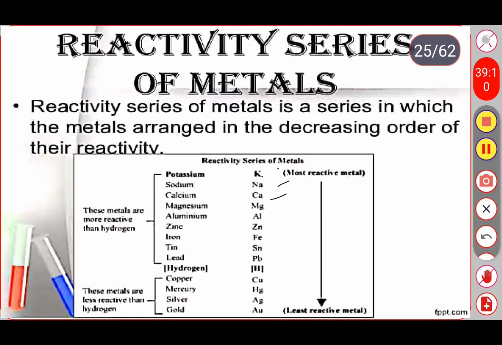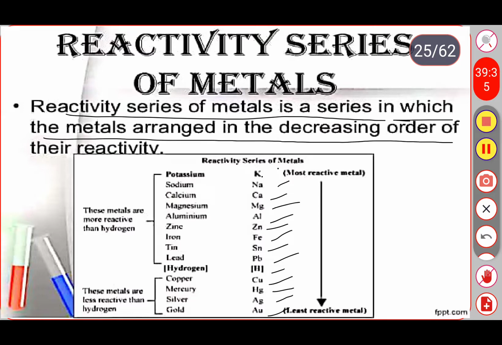So this is the reactivity series of the metals. The reactivity series of the metals is a series in which the metals are arranged in decreasing order of their reactivity. It means in the single displacement reaction, the highly reactive element will be displaced in the place of the less reactive element.